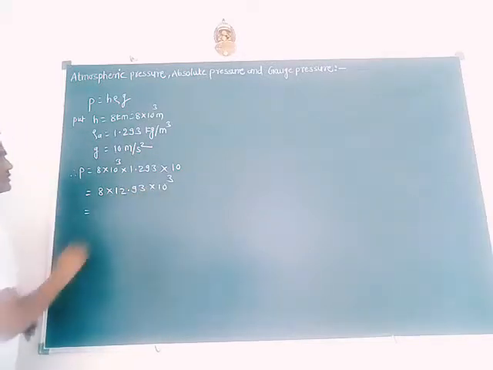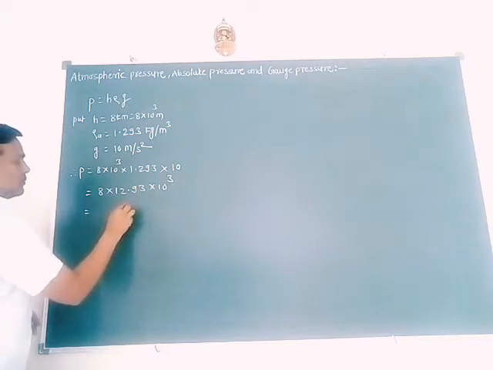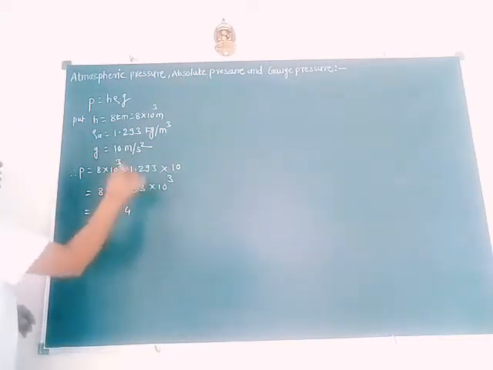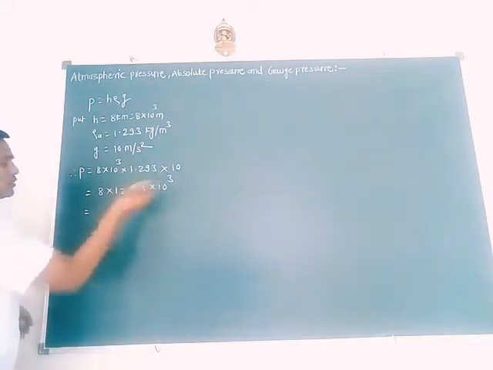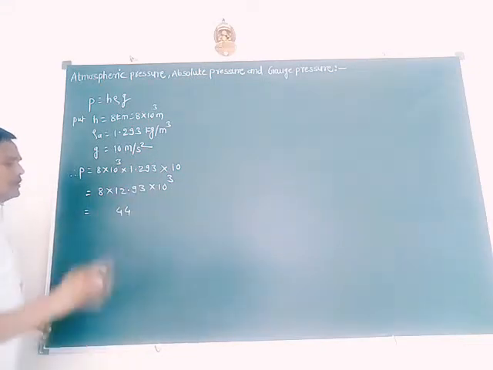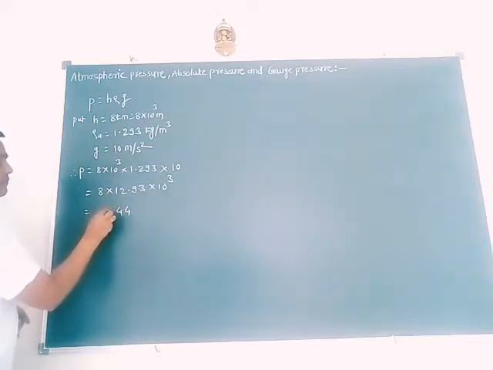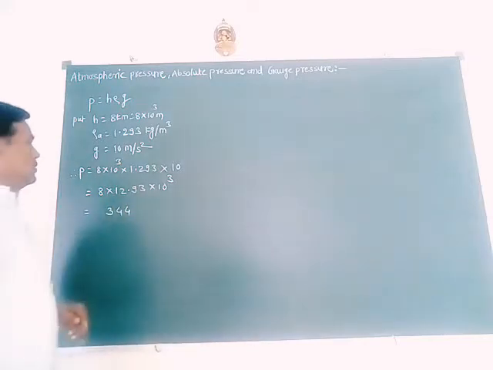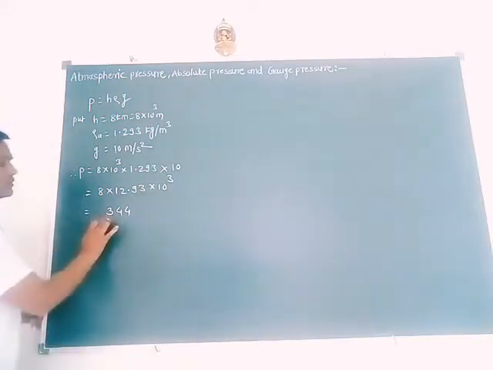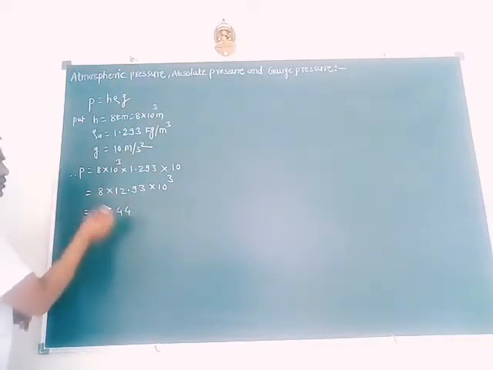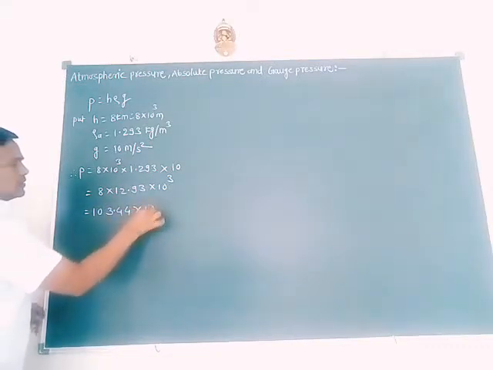Finally multiply this. 8 3s are 24, it is 4, carry 2. 8 9s are 72, add 2, 74. Carry 7. 8 2s are 16 plus 7, 23. So this is the answer.